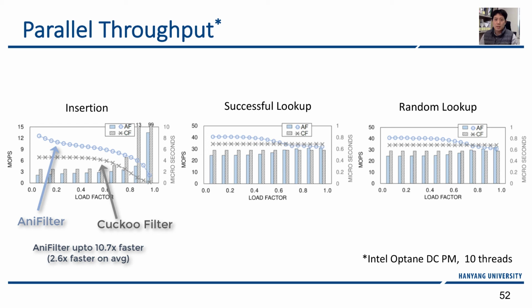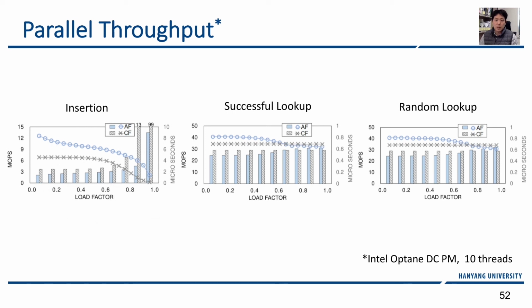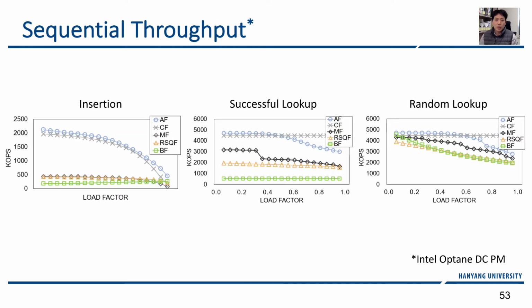You can see that AniFilter shows much higher performance for insertion, and also for lookups, AniFilter is 10% faster on average. This is because of NVM's limited bandwidth, and AniFilter requires much smaller bandwidth than Cuckoo filter. For sequential throughput, we compare the 5 filters here.